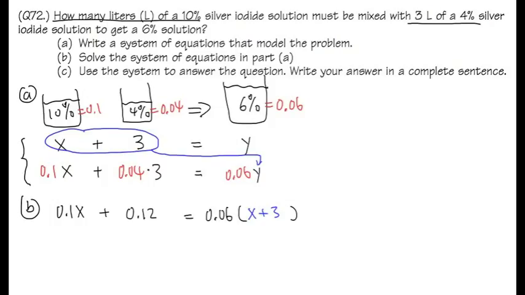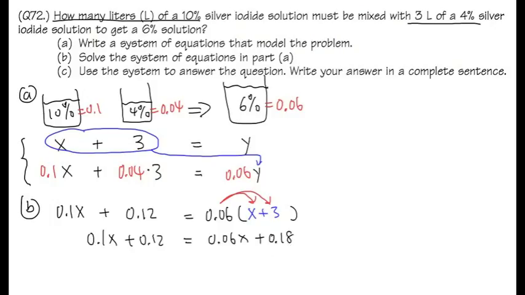And this is going to be one equation with just X, and we can solve this in a normal way. Then let's do it. I will first have to take the 0.06 and distribute it into the parentheses, and then we are going to have 0.1x plus 0.12, and that's equal to 0.06x plus 0.06 times 3, which is 0.18.